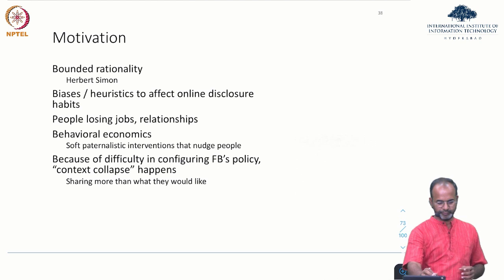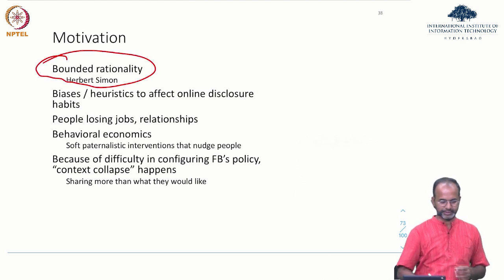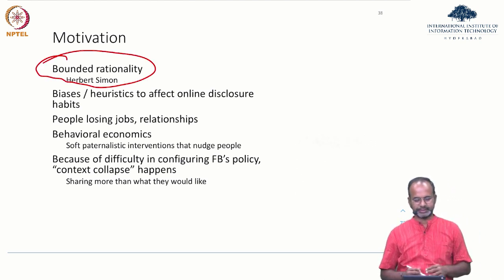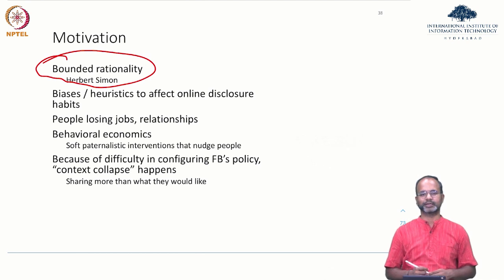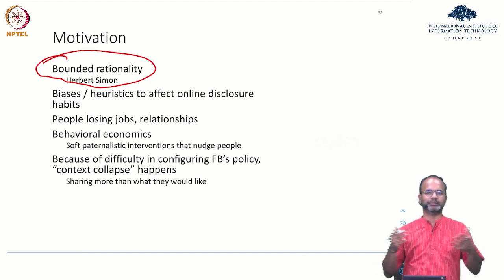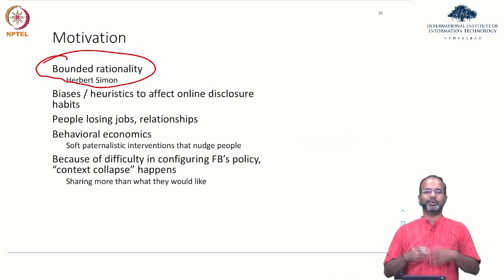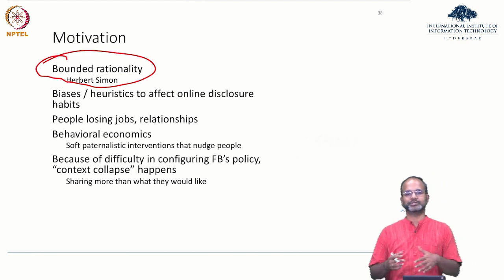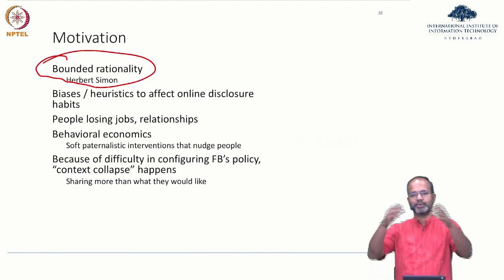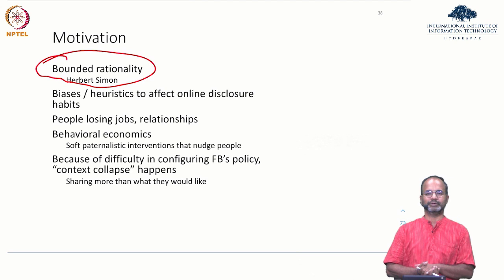If you're aware of Herbert Simon's work, the work that got him the Nobel Prize, it is called bounded rationality. People make choices, even though sometimes you can think that people are irrational in the choices they make. Almost all choices that people make are actually bounded by a region, so to say.